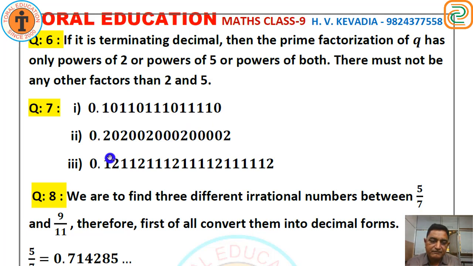We can write 0.20200200020000, 2 then four 0s, 2 then five 0s. Pattern must not be repeated. Here look: 1 2 1 1 2 1 1 1 2 1 1 1 1 2. In this way, we can write a number of irrational numbers, that means non-terminating, non-recurring decimals.